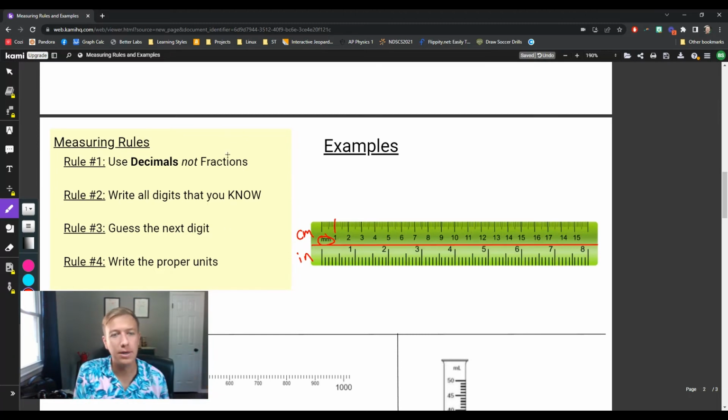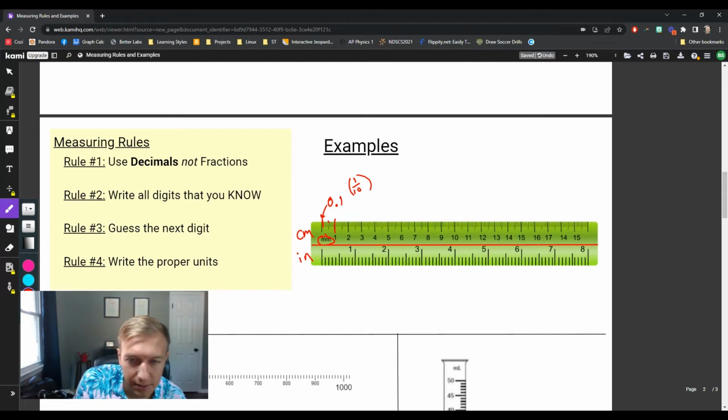So going back to rule 1, which I have listed right here. Rule 1, use decimals, not fractions. That's because in centimeters and meters, in the metric system in general, it's all based on factors of 10. So what that means is each little line here is going to represent 0.1 centimeter, which is 1/10 of a centimeter.